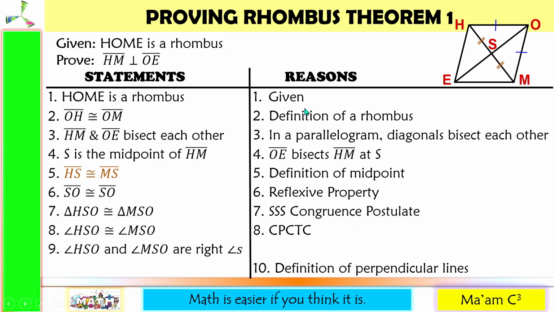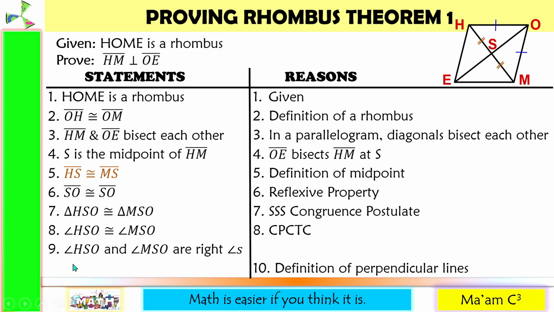Usually, after the reason of postulate or theorem, the next reason would be CPCTC because you already established that they are congruent. And so, their corresponding parts are also congruent. So in this case, the congruent parts are angle HSO and angle MSO.